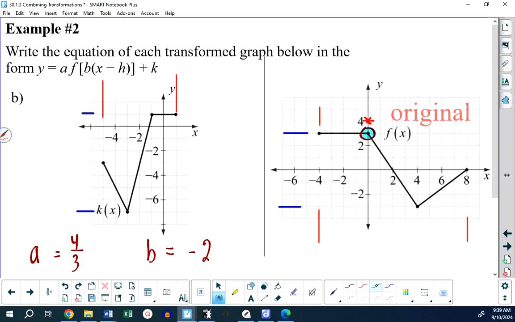Done. And I'm going to reflect it horizontally. This is why I picked this point, because I see that the most action happening with a and b is all about b. So if I pick a point where b will not affect the location of the point, in other words, it's going to be invariant regarding b, it makes my life easier. So this is where it lands after a and b.